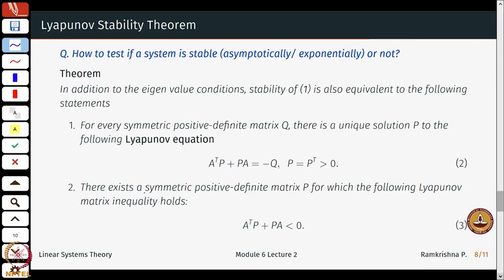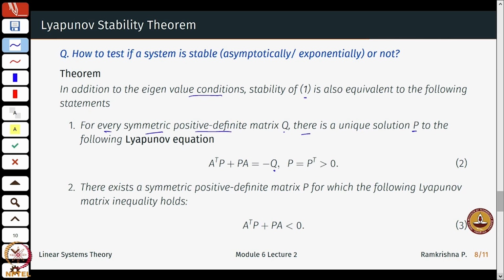So, these are two nice looking conditions that, in addition to the eigenvalue conditions, are equivalent to stability of the LTI system. For every symmetric positive definite matrix Q, stability would mean that there exists a unique solution P to the following Lyapunov equation.